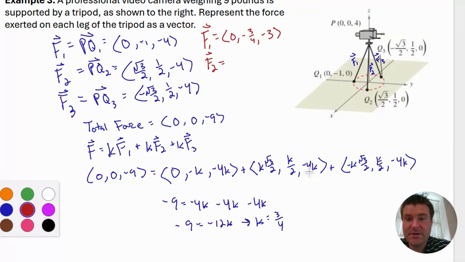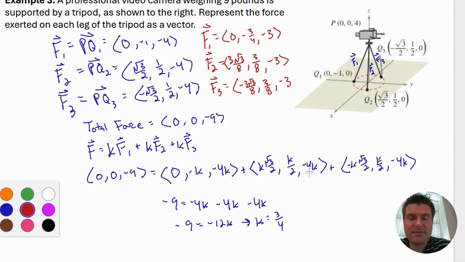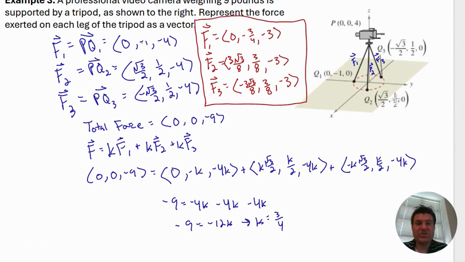We're going to get 3√3/8, 3/8, negative 3. And then F3 is going to give me negative 3√3/8, 3/8, and negative 3. So those are my force vectors for each leg of the tripod.